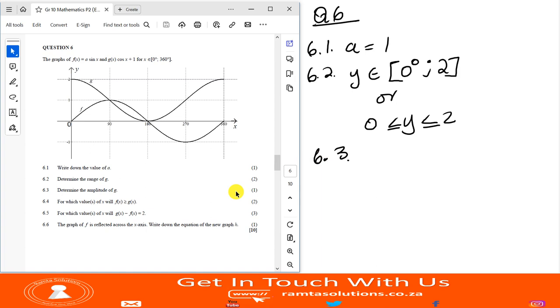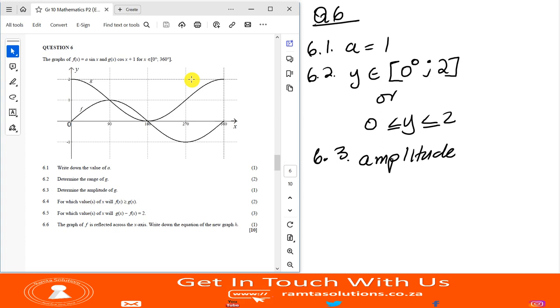If you want to find the amplitude, I advise you do this. Even though you can see that it's 1 from the coefficient, because g of x equals cos x plus 1, it is basically the coefficient of cos x. That coefficient is your amplitude.